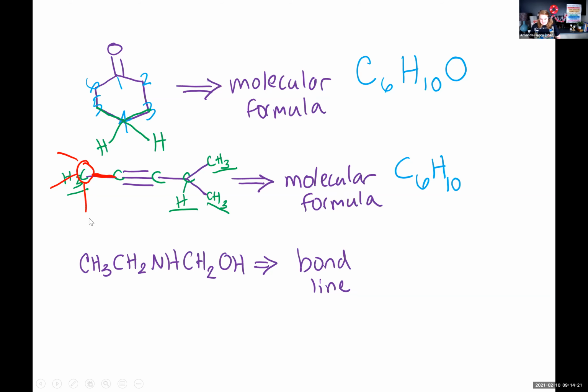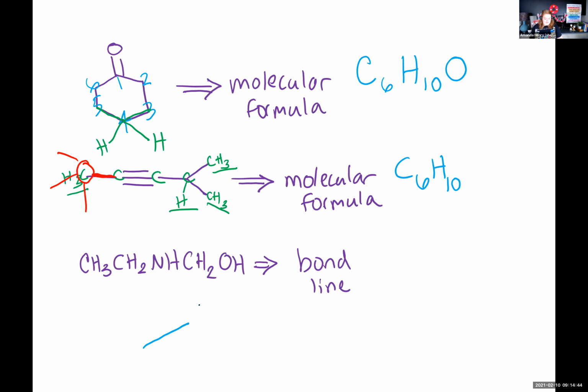And then let's look at the last one. So we're going to go the other direction this time. We're going to go from our condensed formula into a bond line drawing. So we have 2 carbons to start with. So that's 2 carbons.